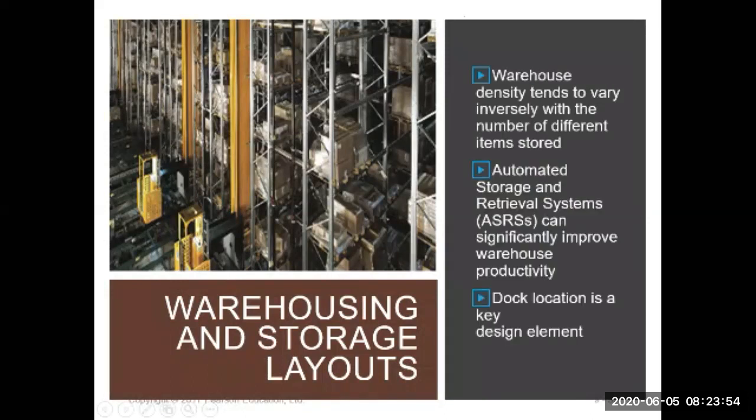This is an example, a picture example of a warehouse. See, we have a lot of, this is a cube. Usually in the warehouse we store different items, different variations, different sizes of products. To manage all these items, warehouses use a system called the automated storage and retrieval system, ASRS.